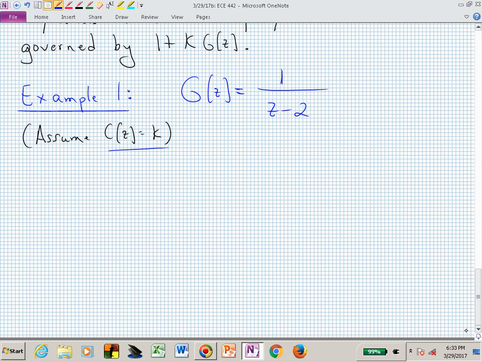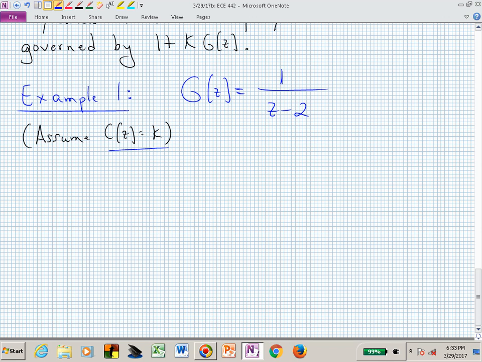So now, again, you can pull out your paper, not your cell phone, and you can start following along. Let's now assume that we have a plant, G of Z, that is equal to 1 over Z minus 2. Do you like that plant?